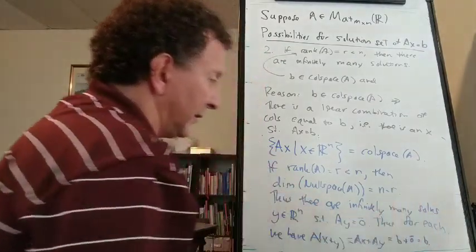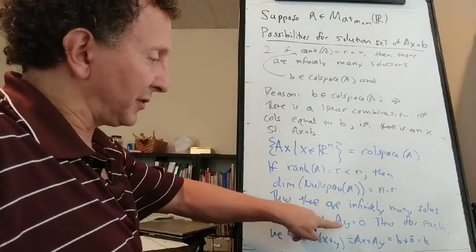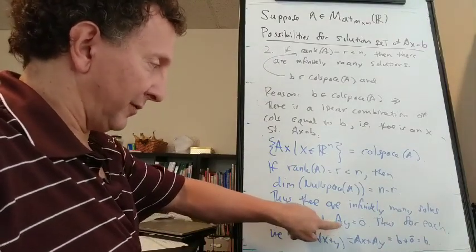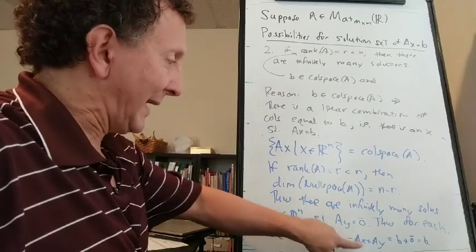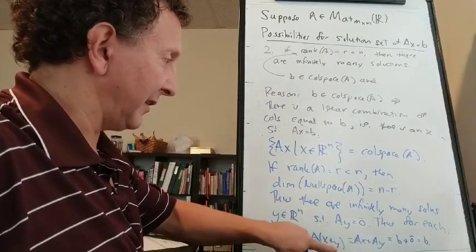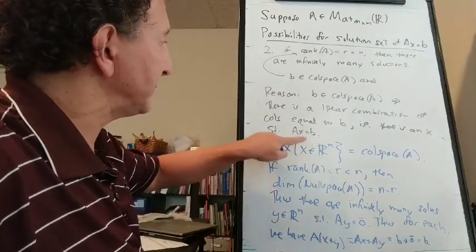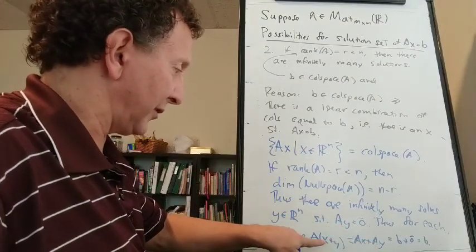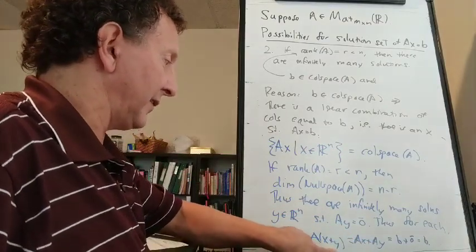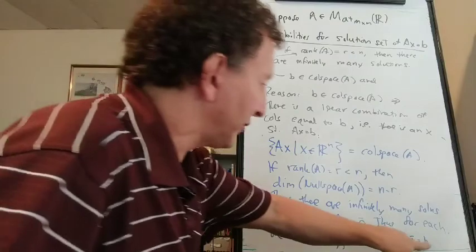So that gives us B. So for any of the infinitely many choices of Y that solve AY equals 0, we can add that to a solution X satisfying AX equals B to get another vector X plus Y satisfying A times (X plus Y) also equals B.